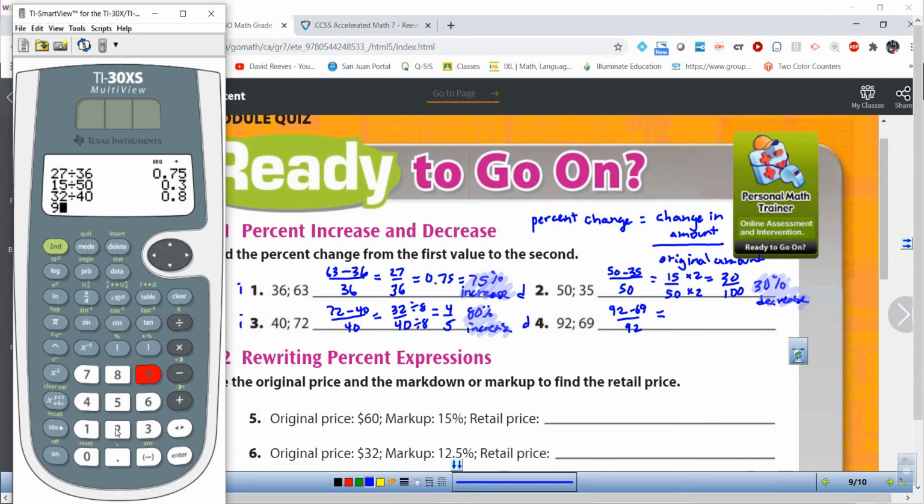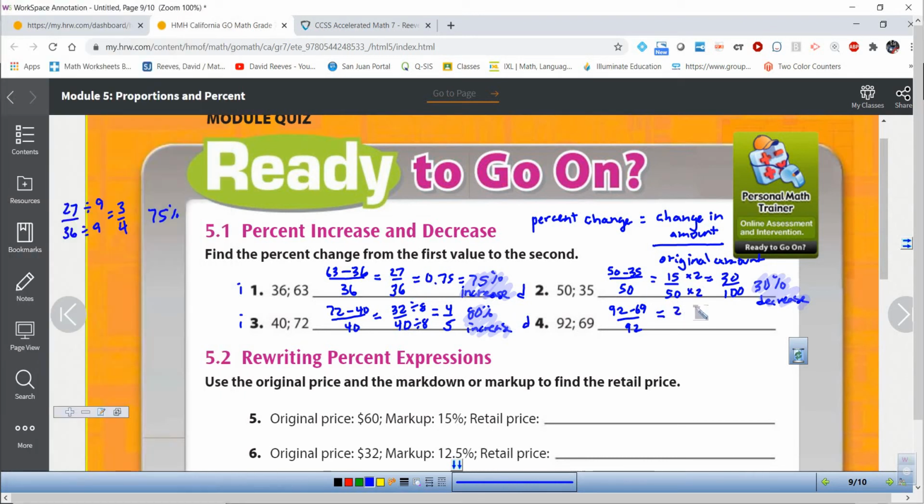And finally, this last one, I'm going to do 92, take away 69, and that gives me 23. Of course, I could have done that mentally by doing 92 minus 70 and then putting one more on it. 23 over 92. If I'm not mistaken, 23 times 4 is 92.